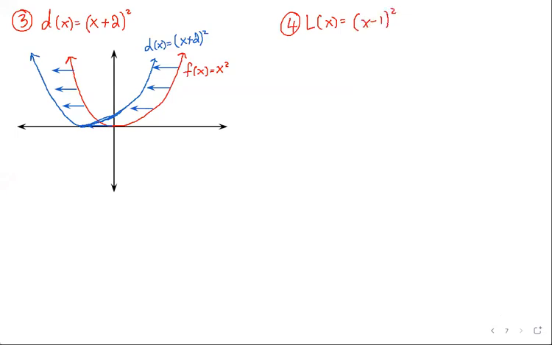So again, show the original one. The original function is this one.